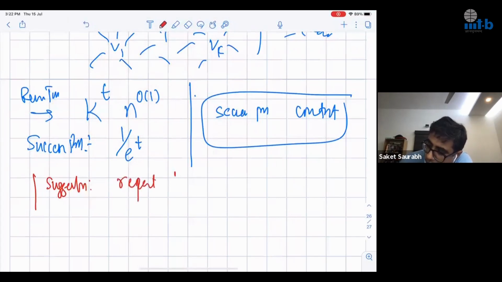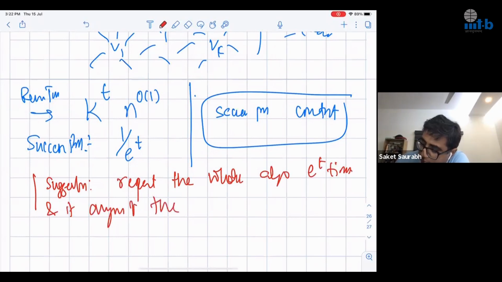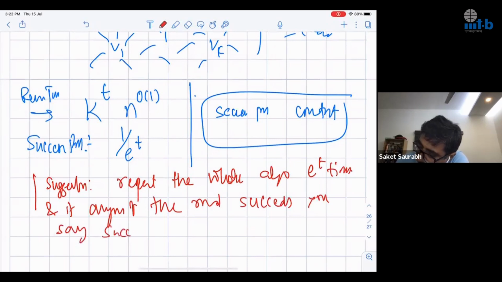Repeat the whole process, the whole algorithm, e to the power t times. And if any one of the rounds succeeds, you say success. Else, you say fail.